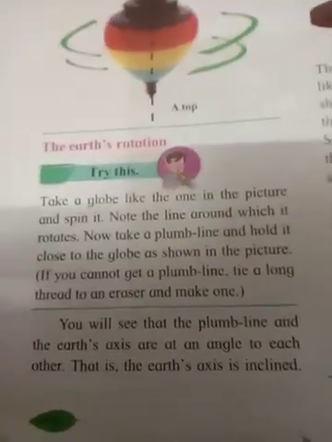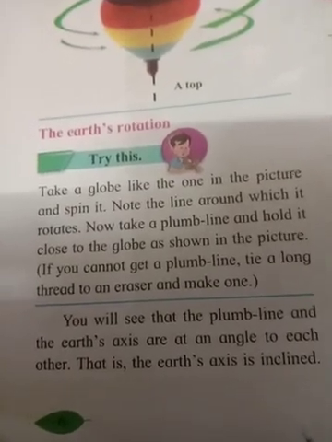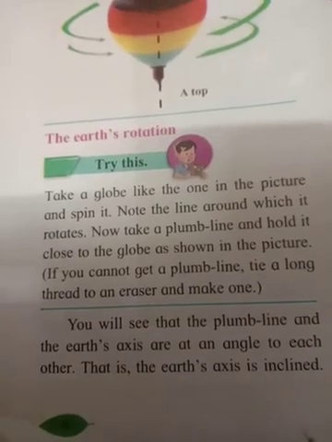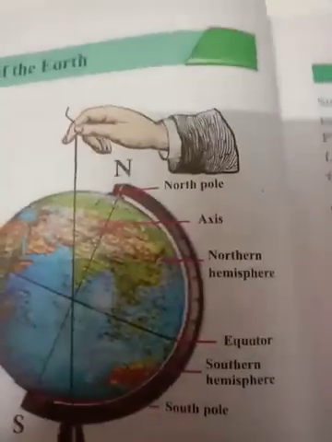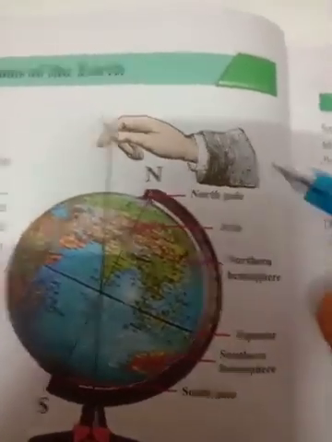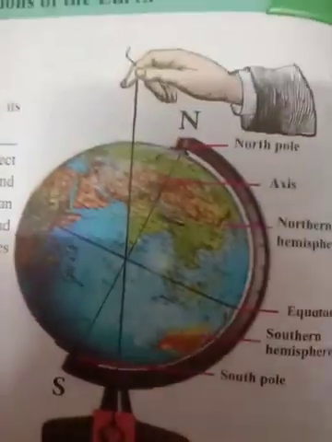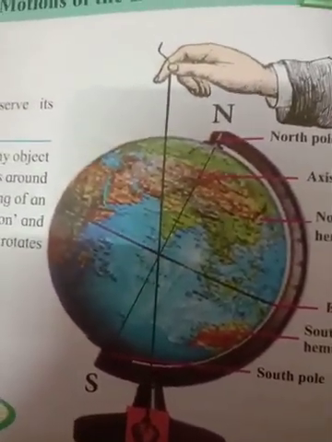You will see that the plumb line and the Earth's axis are at an angle to each other. That is, the Earth's axis is inclined. See children, the axis of the Earth and the plumb line, they are forming an angle.